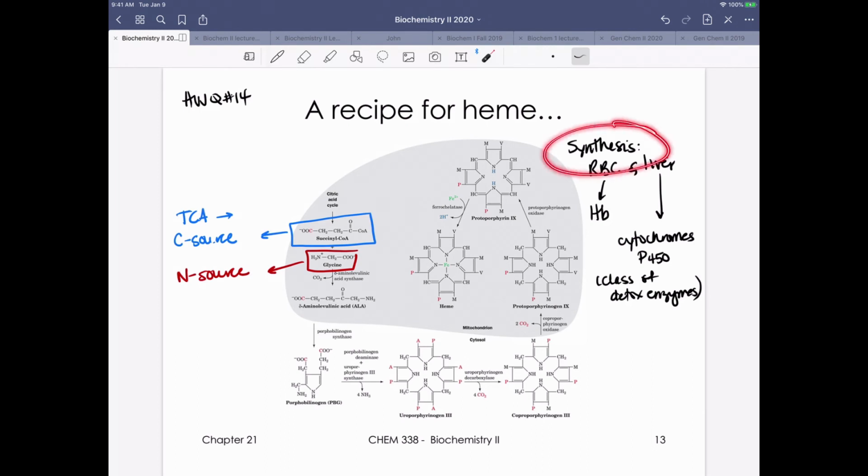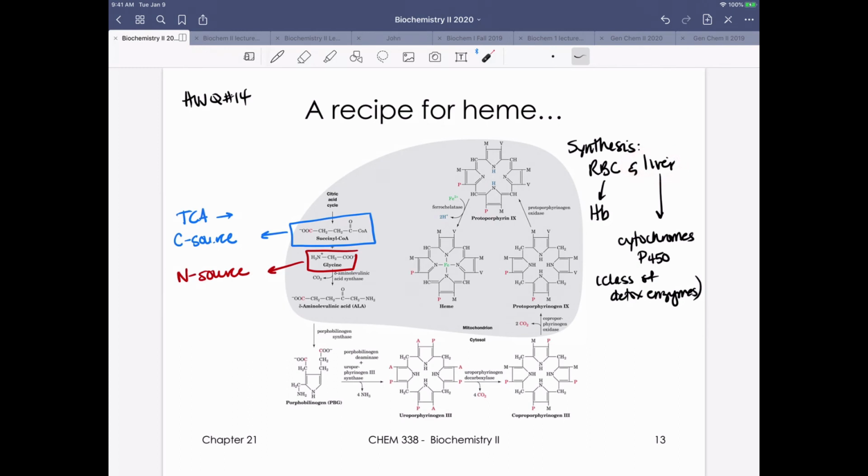So just a little recap of, well, why does your body have heme? Two stories here, and then I'll add one other that we didn't mention in class. Obviously, your red blood cells need heme because that is the oxygen-carrying species. That is the ligand to bind oxygen with that iron in hemoglobin.